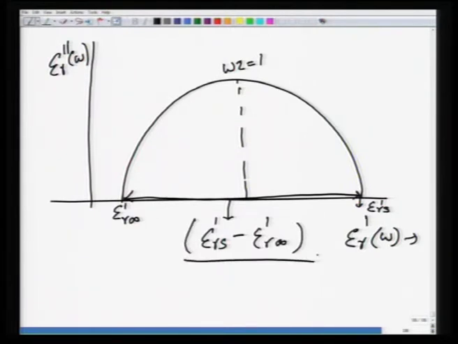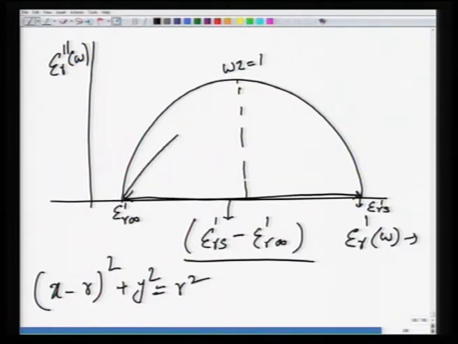So, you know what the semicircle equation is. The semicircle equation is nothing but x minus r squared plus y squared is equal to r squared. So, you know that r here is nothing but epsilon r s prime minus epsilon r infinity prime divided by 2, the diameter divided by 2, and x and y you can plot.